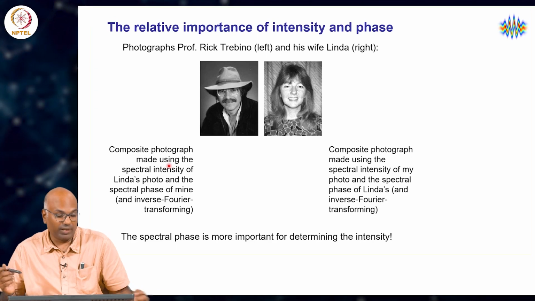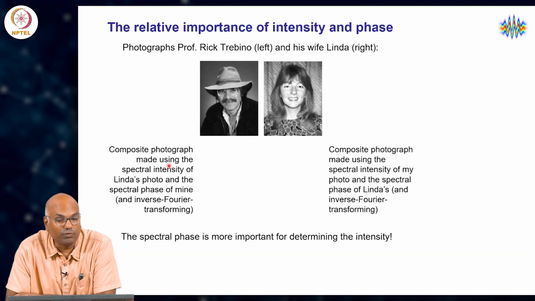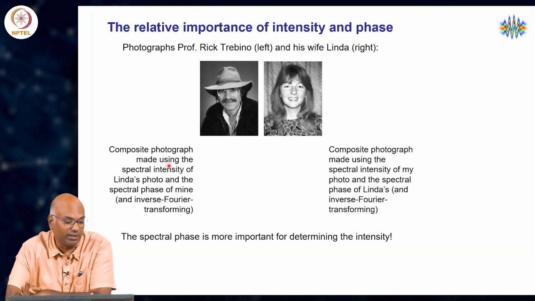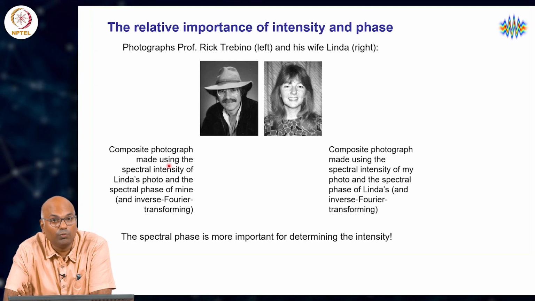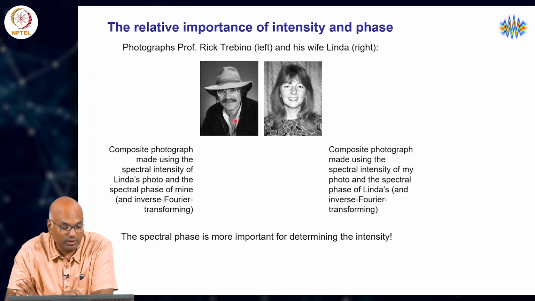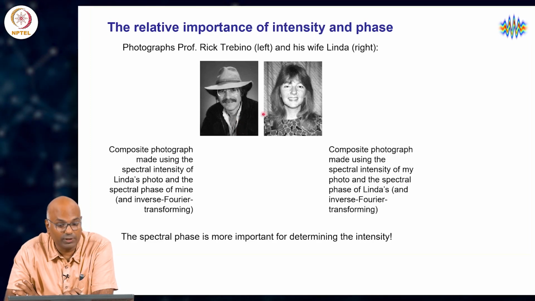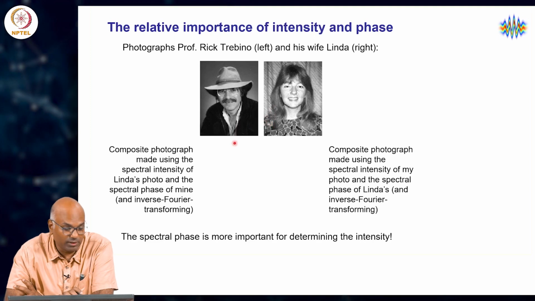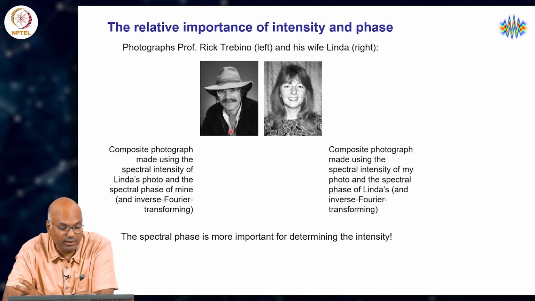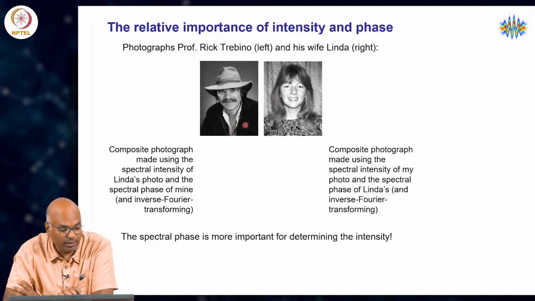We had this iconic idea about the yin and yang of describing pulses, intensity and phase, and we even addressed the question of which aspect is more important. We took two pictures here, the pictures of Professor Trebino and Linda, an example he has so nicely illustrated. Let us say the gentleman and the lady in these pictures.